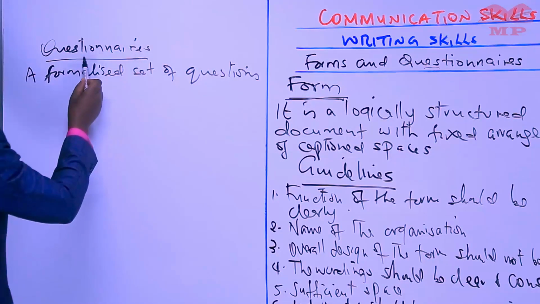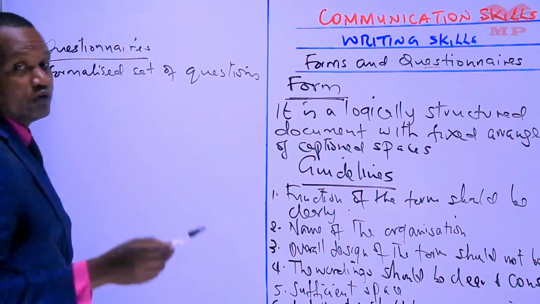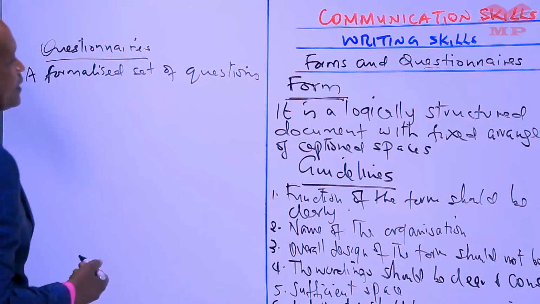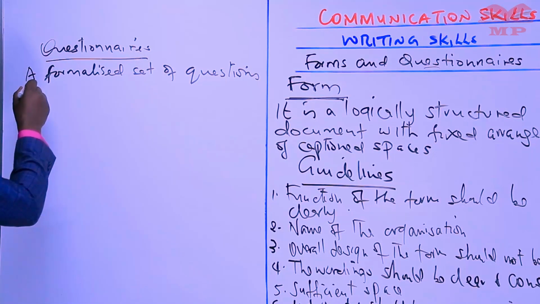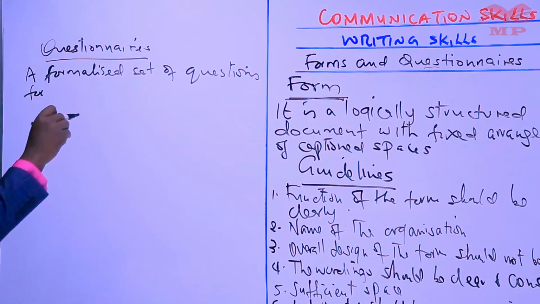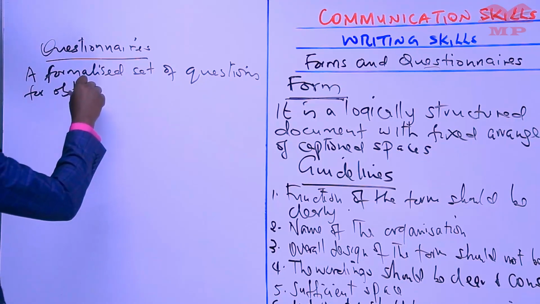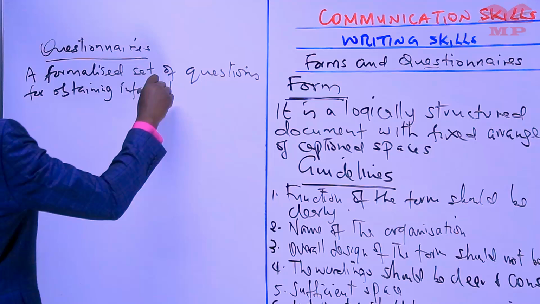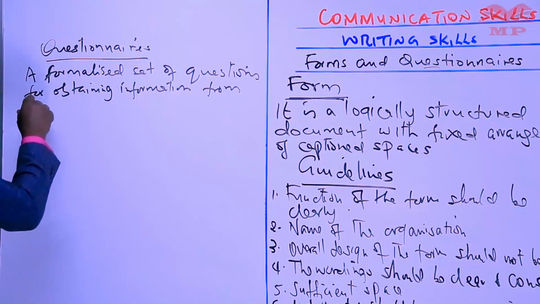From the word question, we have questionnaire. It's a formalized set of questions for obtaining information from respondents. A set of questions whose purpose is to obtain information from respondents.